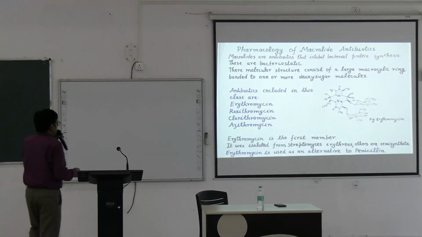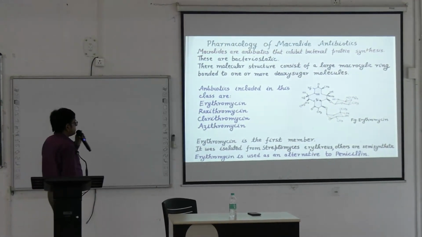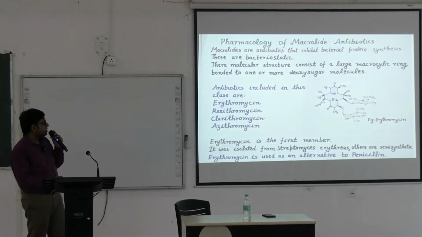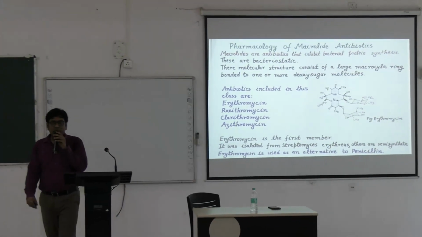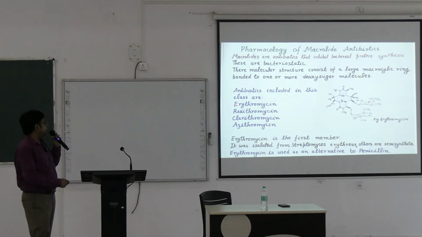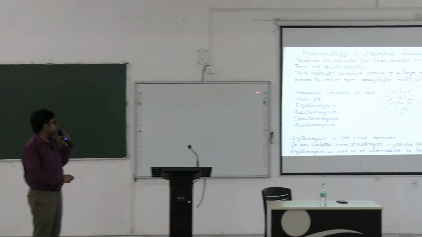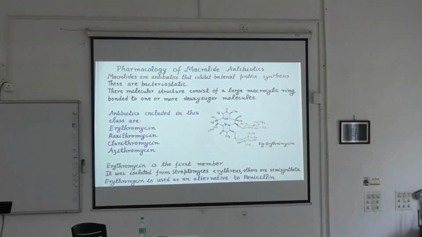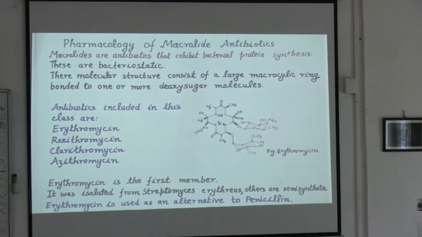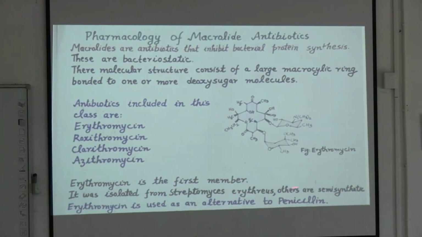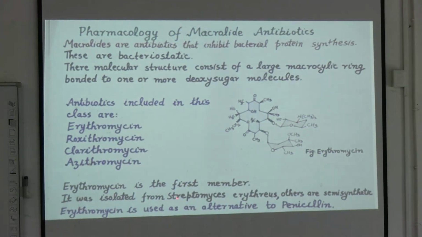The first antibiotic in this group is erythromycin, and erythromycin has a typical ring. You need not remember all these, but please remember, if you are asked to name a macrolide antibiotic, erythromycin should come, because it is the first antibiotic of this group and it was isolated from a bacterium itself called Streptomyces erythraeus.